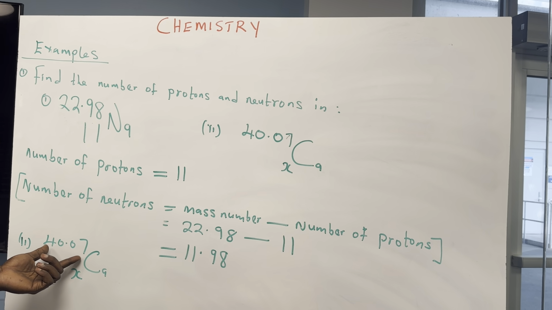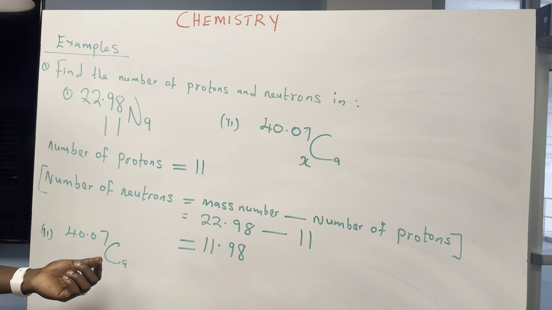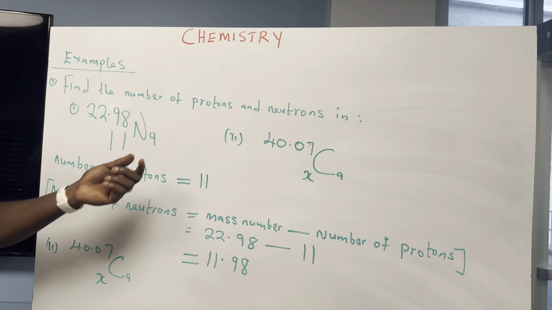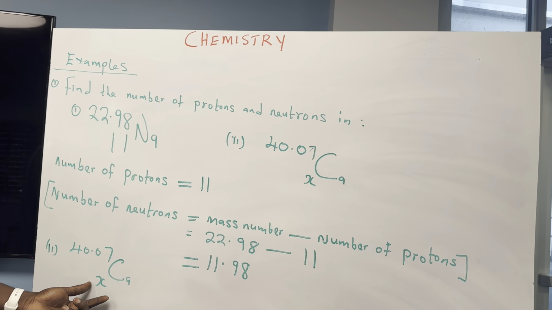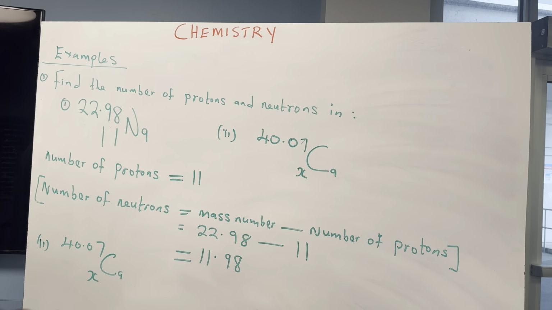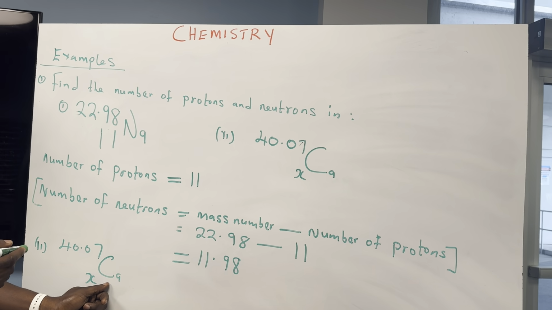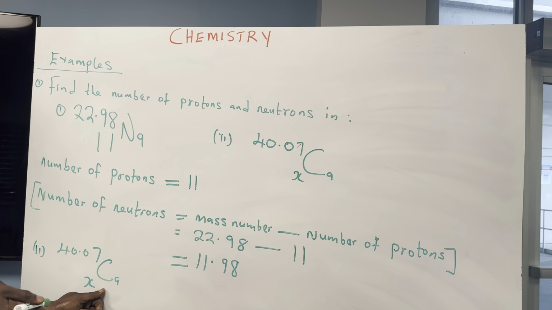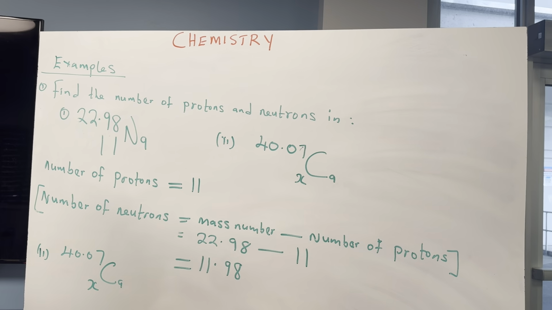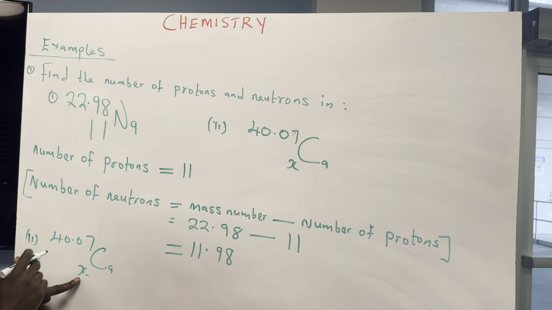Here you have only the mass number, 40.07, and the symbol of that element. But they ask you to find the number of protons, and we don't have the number of protons here. But you already know that calcium is the 20th element in the periodic table. So the number of protons here is 20.